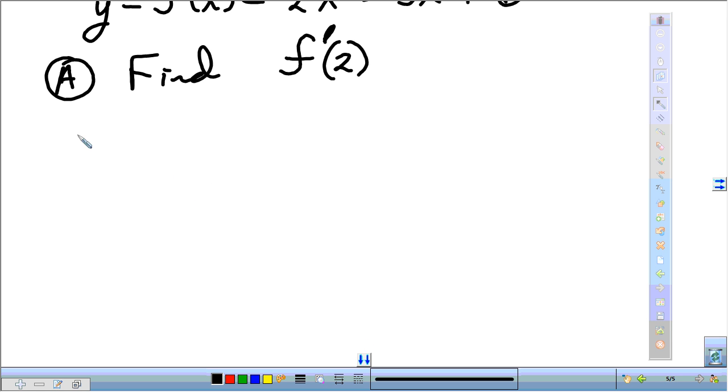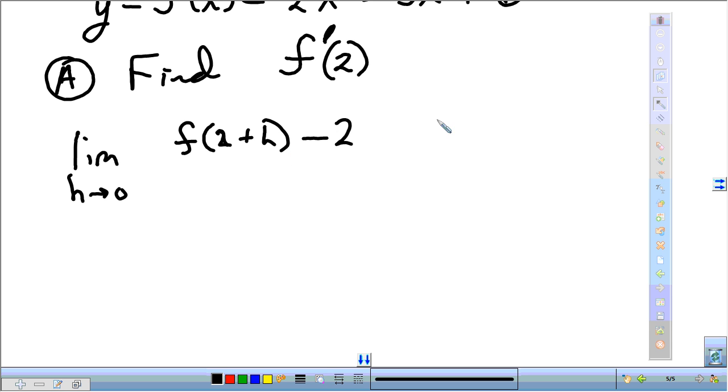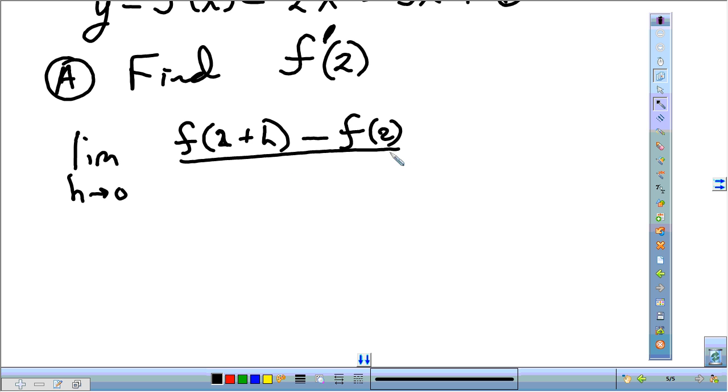So, we're going to have to look at this limit, h approaching 0, of f of 2 plus h relative to f of 2. So we'll start at 2, add h, compute f at 2, compute f at 2 plus h, and take the difference.